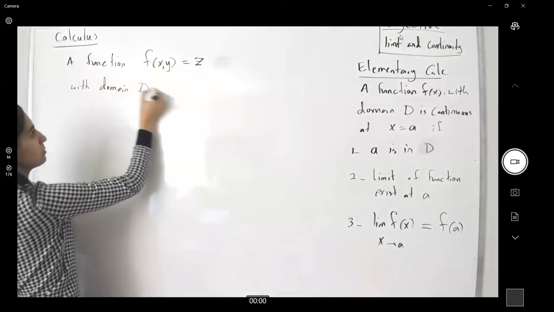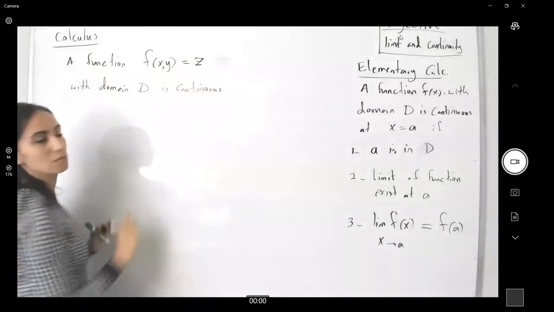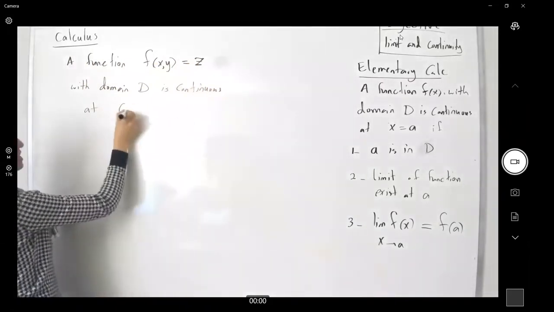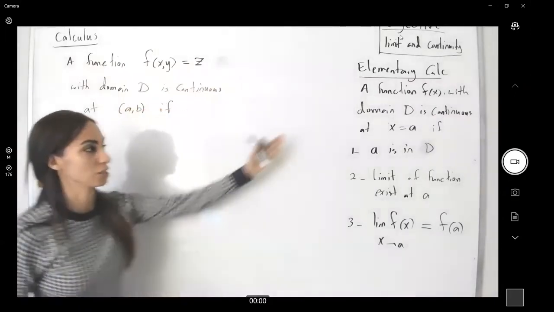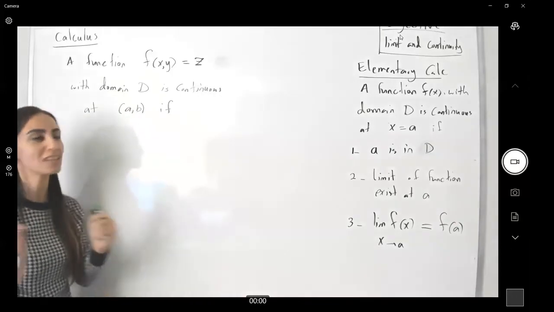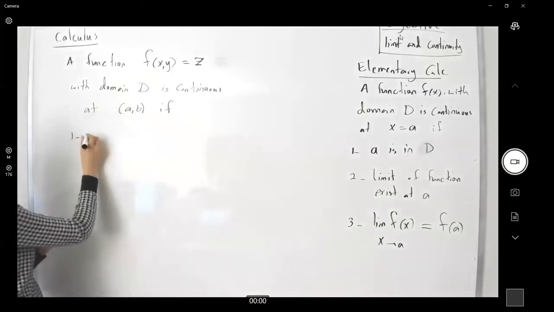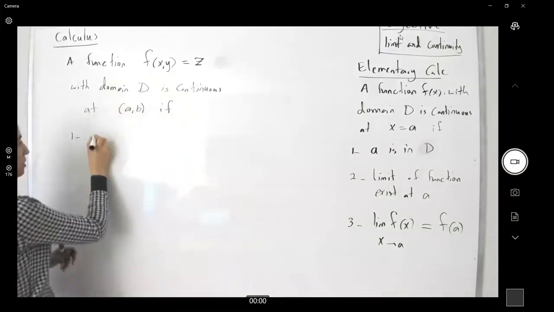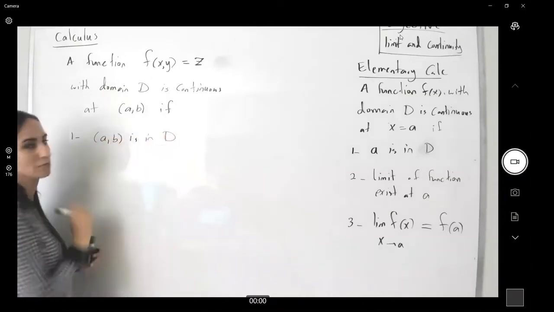The function is continuous at an ordered point A, B if these three conditions exist and they meet. First of all, this ordered pair is in the domain of the function. A and B is in D.